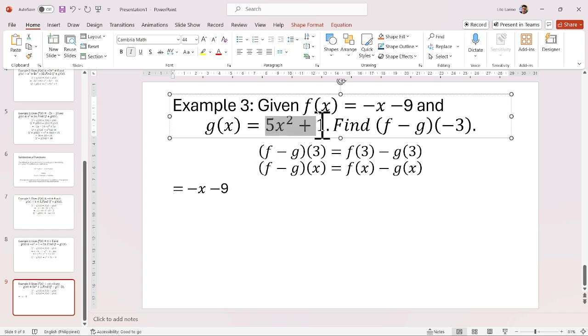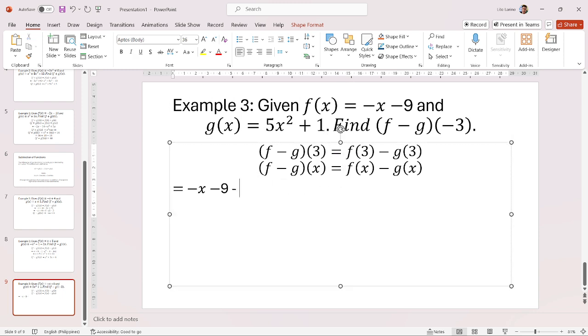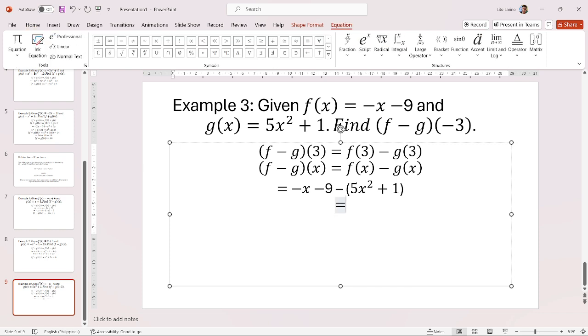Again, it is 5x squared plus 1. Copy, that is minus, enclosed in the parentheses, we have 5x squared plus 1. Okay? And equals, keep the minuend, minus, that is 5x squared plus 1.